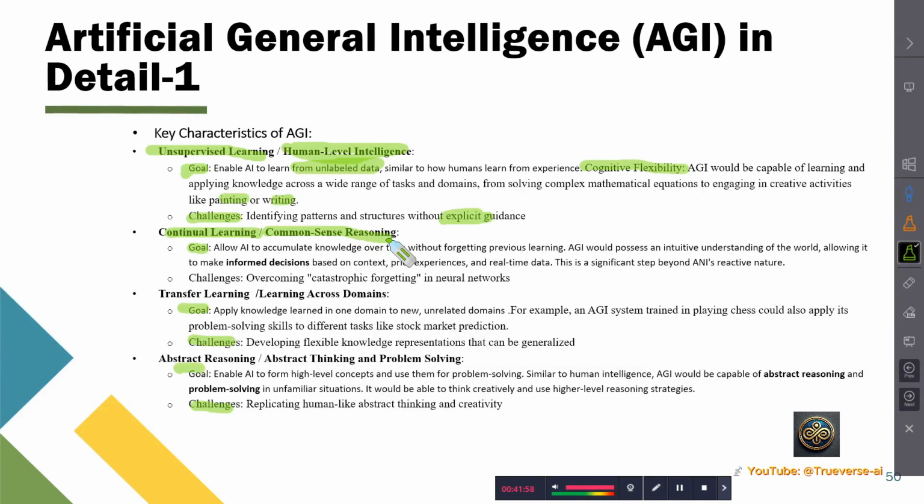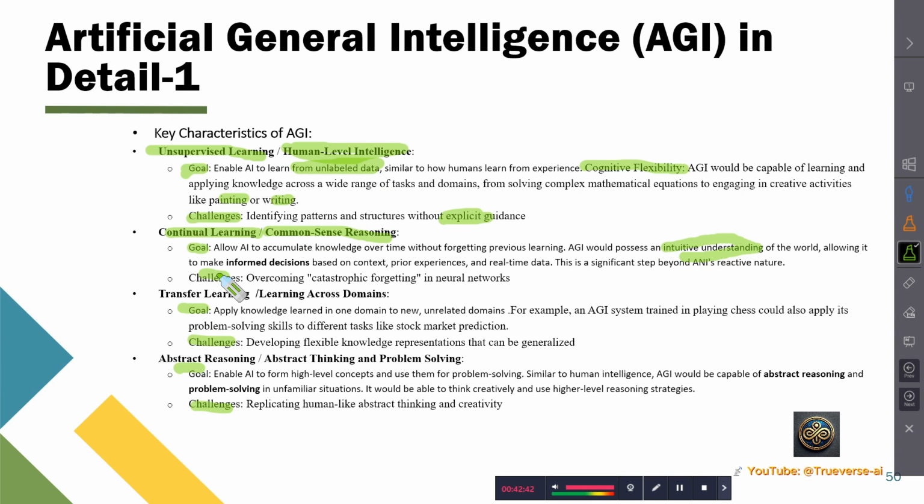So AGI needs to develop intuitive understanding of the world, something more than normal understanding. Making informed decisions based on prior and previous experience and on real-time data. What is the challenge? One of the primary challenges is overcoming catastrophic forgetting, a phenomenon where a neural network loses previously learned information when it acquires new knowledge.